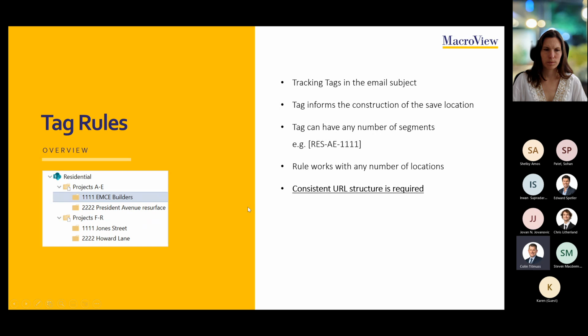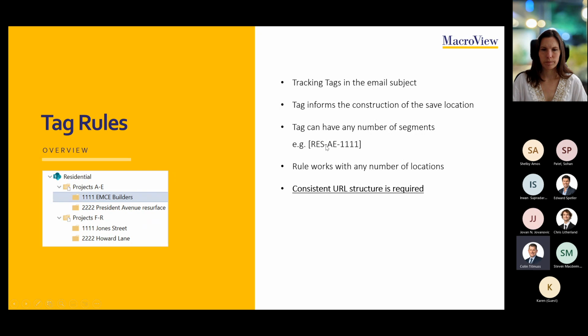The second one, all these are tag rules, but there's 2 types of tag rules. This first one we call tag rules, and what they do is they contain a tag in the subject. Here's an example of one we spoke about, and the tag contains enough information to construct the save location.